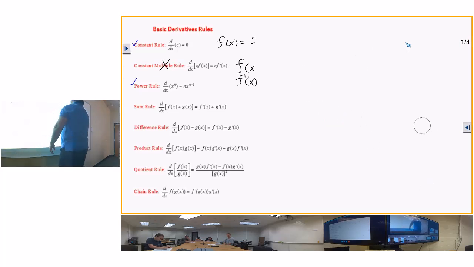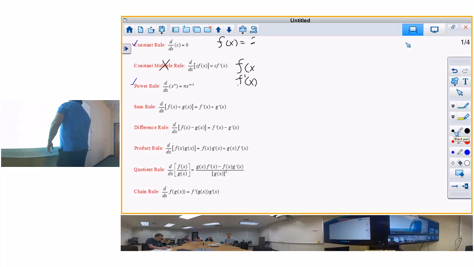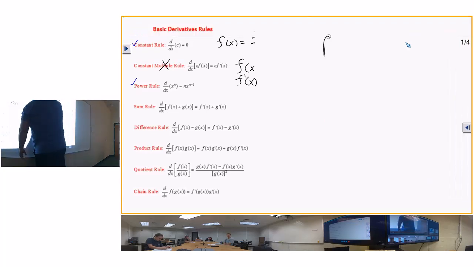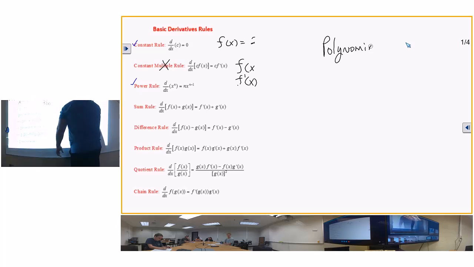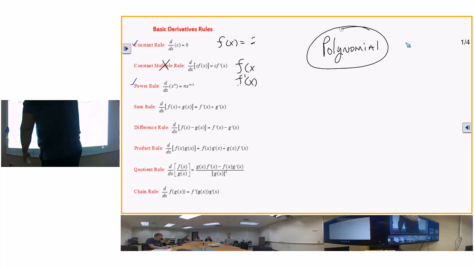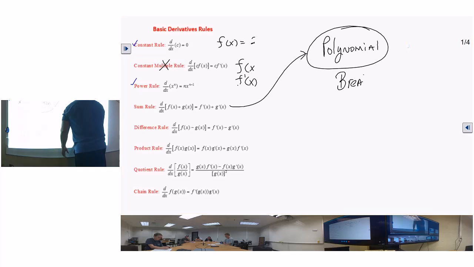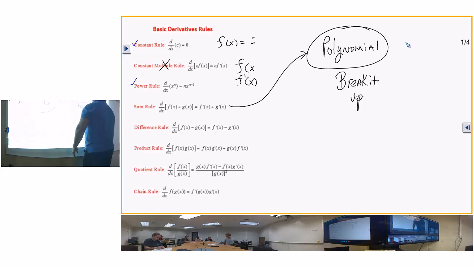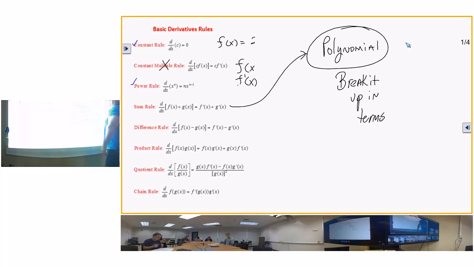Now, what does the sum rule mean? That's basically saying that if you have a trinomial, a polynomial, that's this one right here, you can basically break it up in terms. Okay, that's what it means.